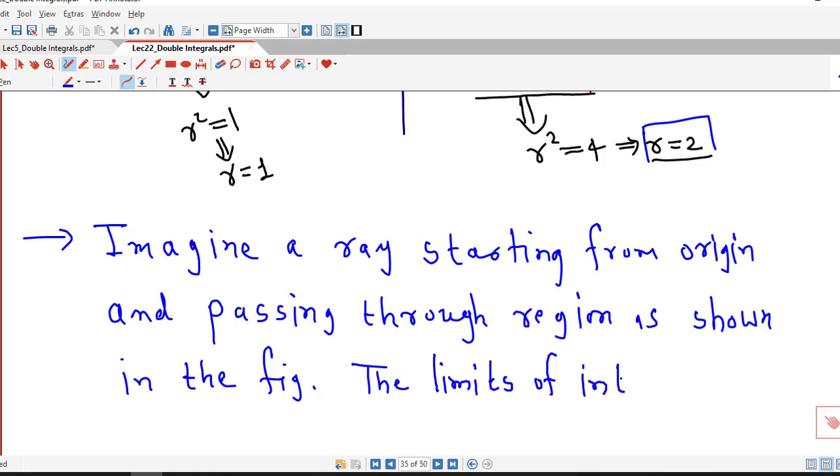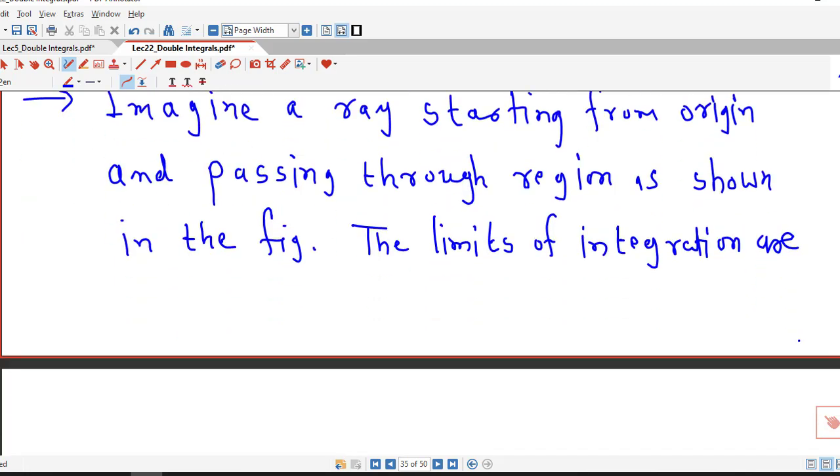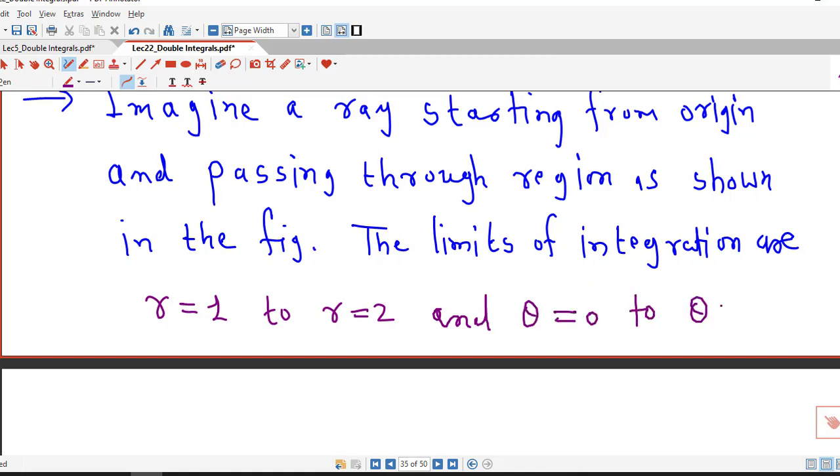So the limits of integration are, we use a different color, r is from 1 to 2 and theta is from 0 to pi.